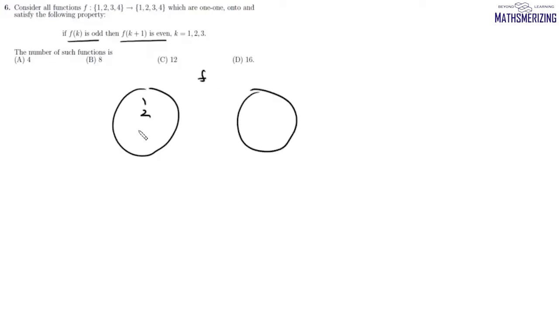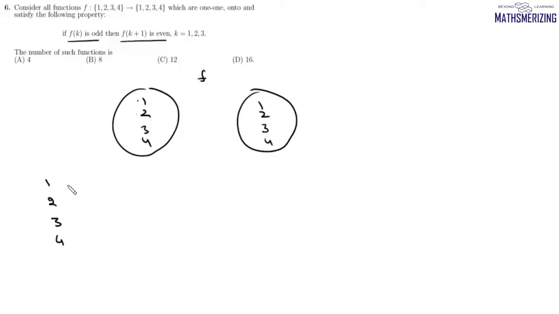Now we are given that we have this function f, which is defined from 1, 2, 3, 4 to 1, 2, 3, 4, and it will be a bijective function with the given property. If fk is odd, then fk plus 1 is even. Now we have 4 elements in domain set, and they are 1, 2, 3, and 4. Now what are the possibilities?